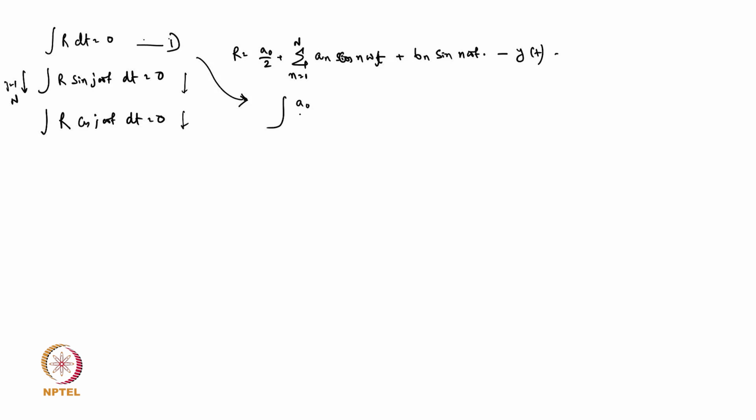So integral of a0 by 2 plus summation of n equal to 1 to N of an cos n omega t plus bn sin n omega t, minus y of t, times dt will be equal to 0. Good. So our target is what?